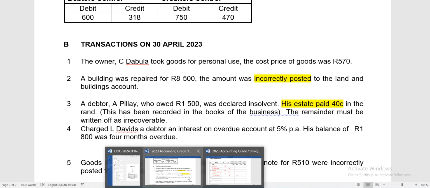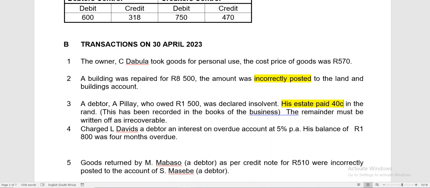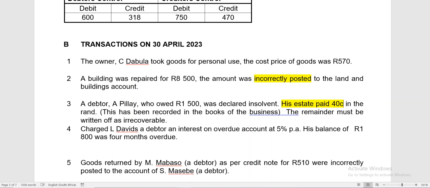So his balance is 1,800. So let's see, 1,800 multiply by 5 divided by 100, and then also multiply by 4 divided by 12. It will give us what that interest is. So that interest is 30 rand. So we are charging this person interest on overdue account of 30 rand. So how are we going to do this?